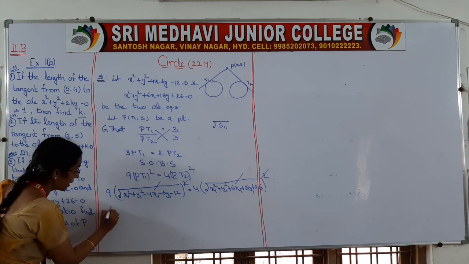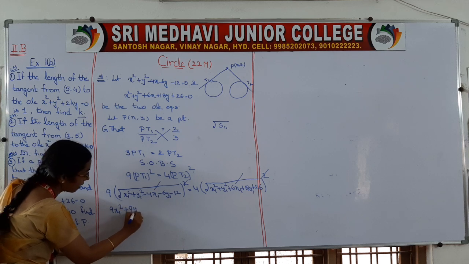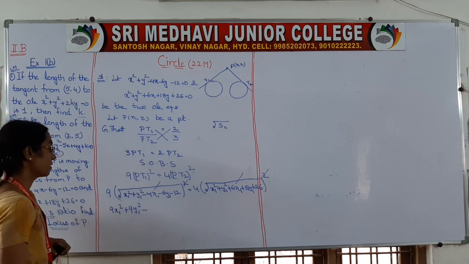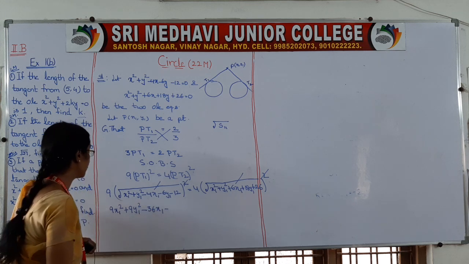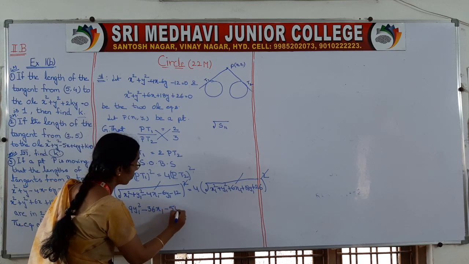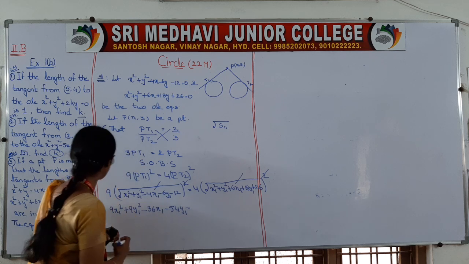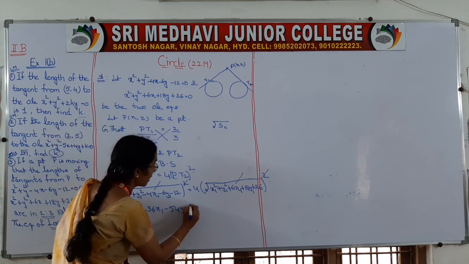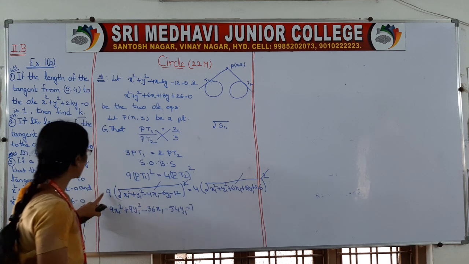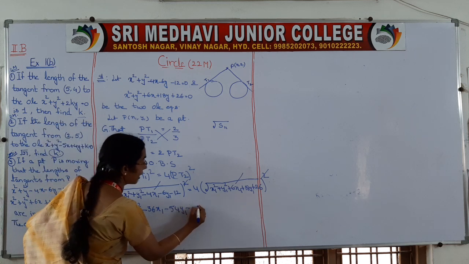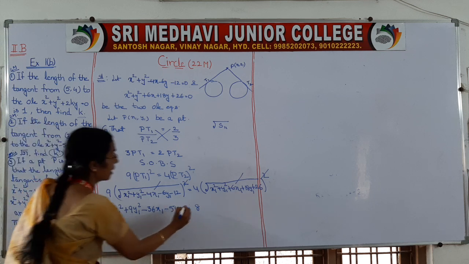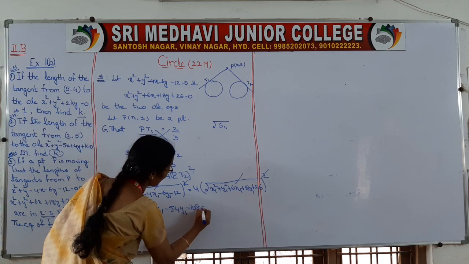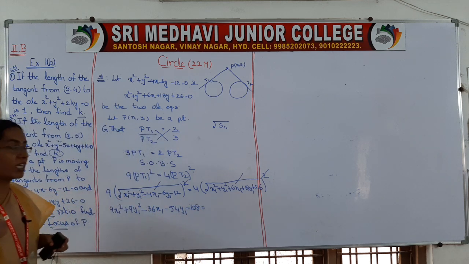What happens? It is 9x1 square plus 9y1 square minus 9 4s are 36x1, 9 6s are 54y1 minus 12 9s are 108, equal to 0.